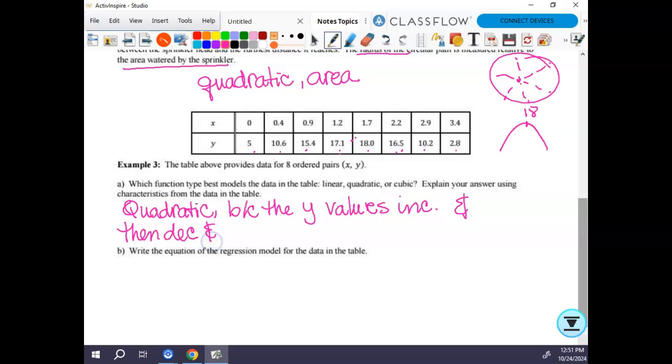And I'm going to throw another "and" in there, which is not grammatically correct, so just don't tell your English teacher. But not only that, we start off at 5, and we go up to, we don't know that that's 18, somewhere up here, and then we come back down to 2.8. So not only do we go up and then come down, but the values are roughly symmetric. Okay, that's something else that helps you put that into perspective.